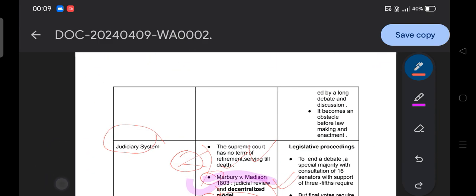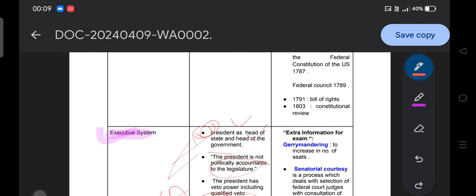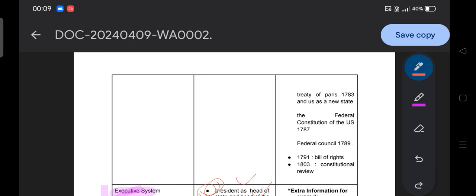Now we will see some important extra information, or some important acts and legislation with respect to USA, which are important because you can get a match-the-following or correct-incorrect type of question in your SSB examination. So the Treaty of Paris 1783.